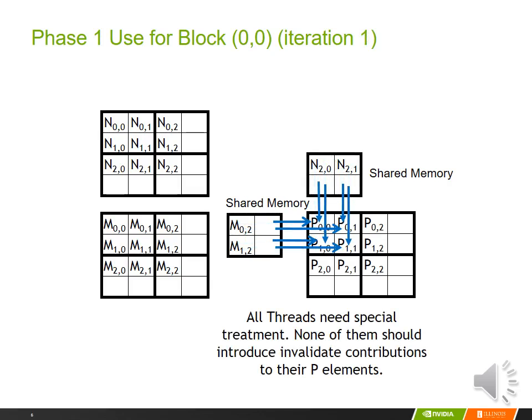However, when we move to iteration 1, all the threads are going to attempt to consume non-existing elements in the shared memory for both M and N in this case. So we need to make sure that none of these threads are going to contaminate their inner product value with these non-existing values.